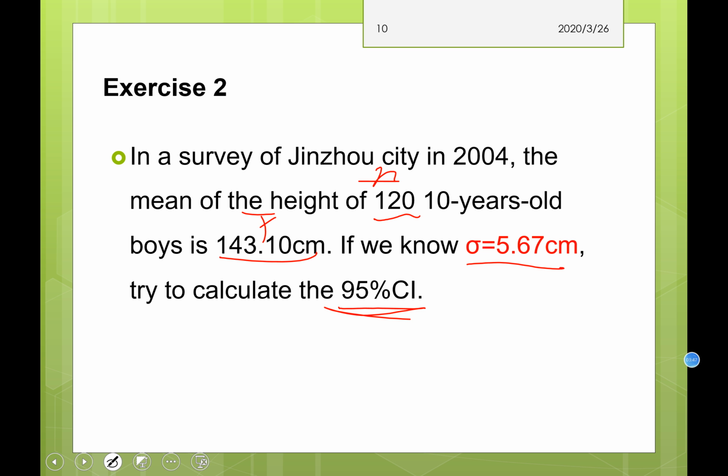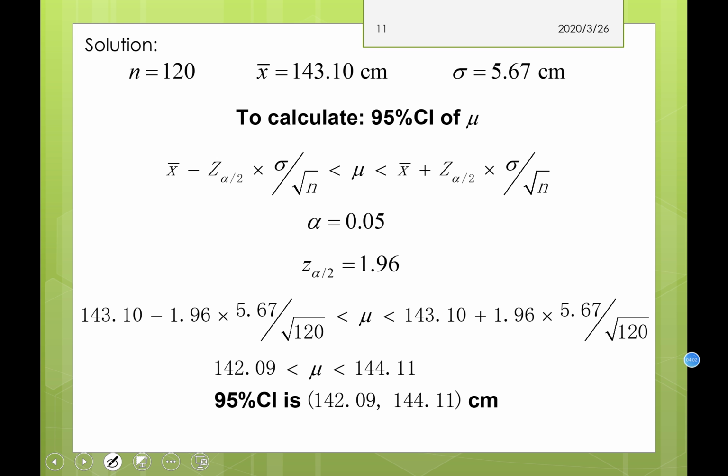We identified all the numbers in the question, and we already know the formula, and we just put all the numbers into the formula, and then we can get the answer, right? Okay, so I think it's not difficult for you. So here we put all the numbers into the formula, and finally we get the answer.